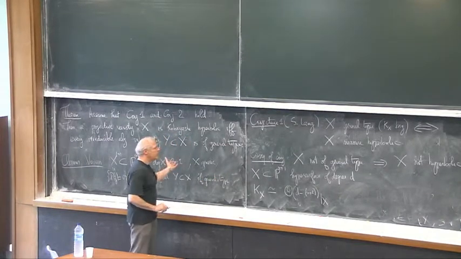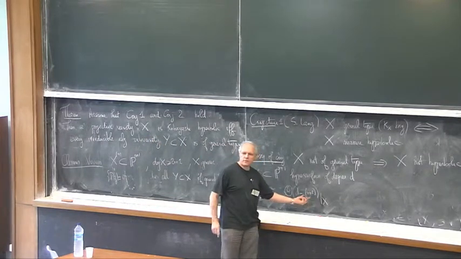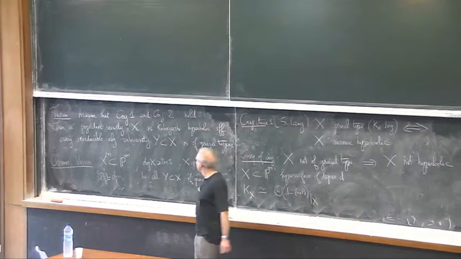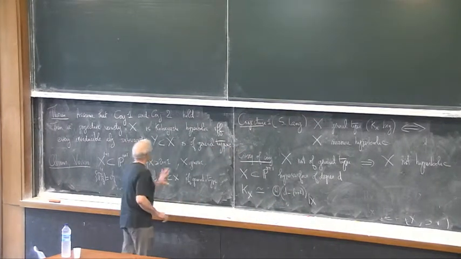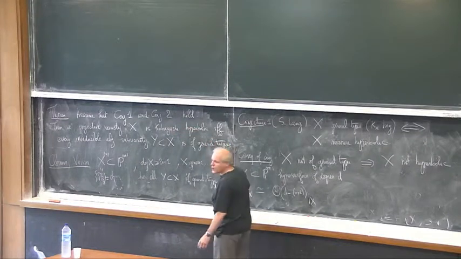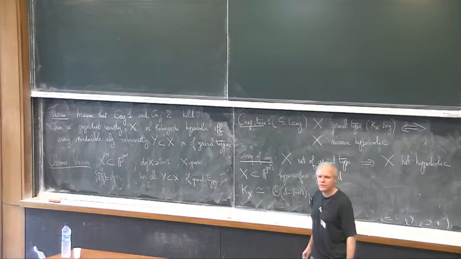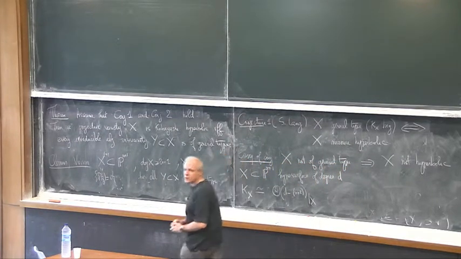Of course, for X itself it is clear because it's beyond the bound, so K_X is ample. Okay, so if the conjecture were known, then you would know about generic hyperbolicity of subvarieties, so it would solve a lot.